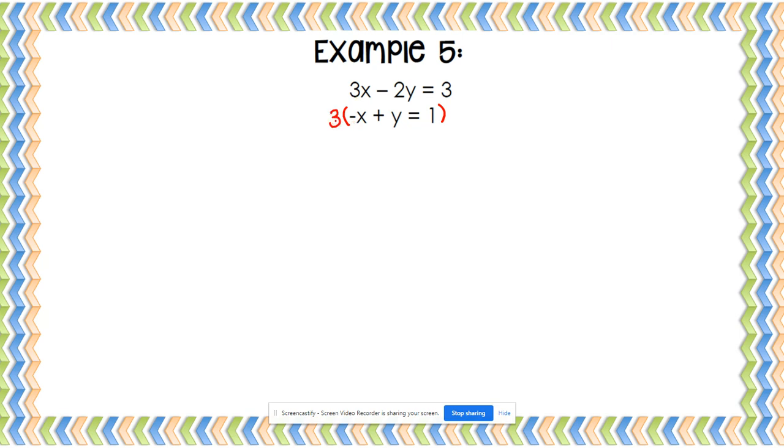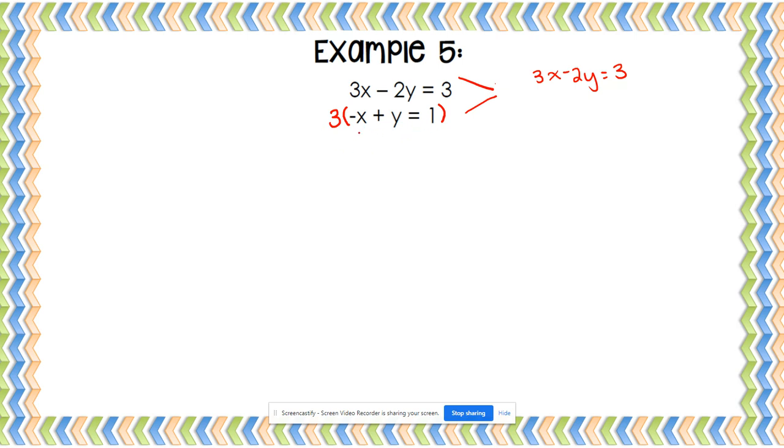If I multiply negative 1 times 3, I'm going to get a coefficient of negative 3, and that would give me a zero pair here. So I'm going to change this system so that my first equation stays the same, so it's still 3x minus 2y equals 3, but my second equation is going to be multiplied by 3.